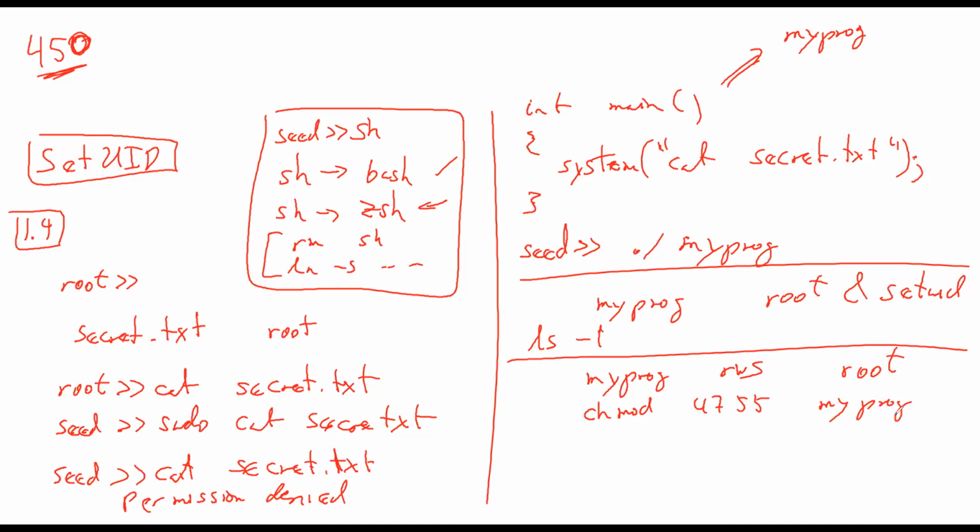Okay, and then once you do that, and once you have changed sh to point to csh, you go into the prompt as seed, because I saw some of you were doing it as root, with sudo. In both of these cases, I didn't give you the points because it has to be seed.